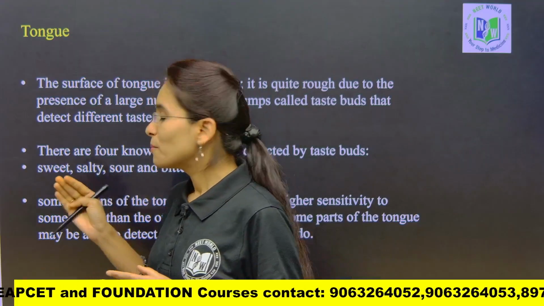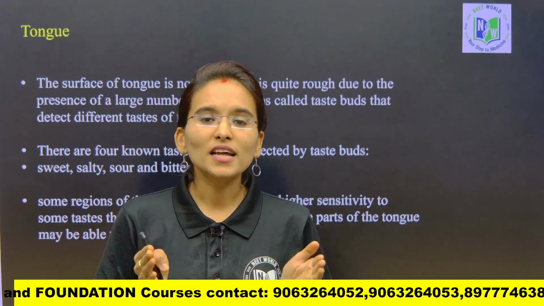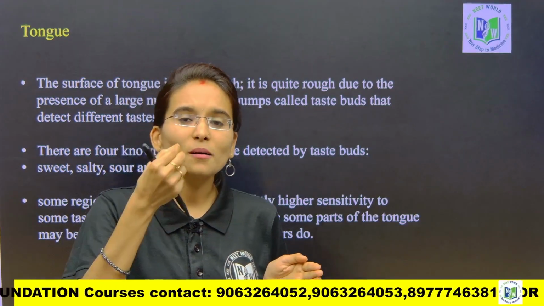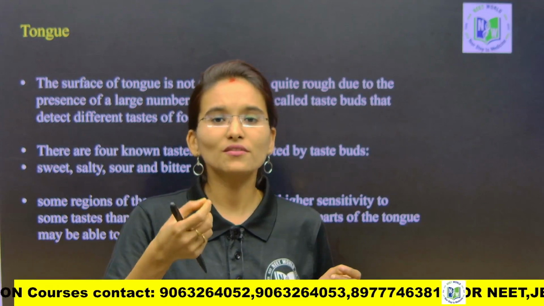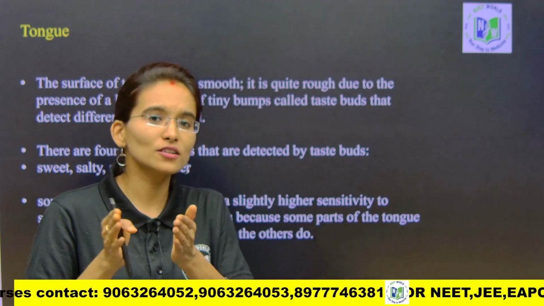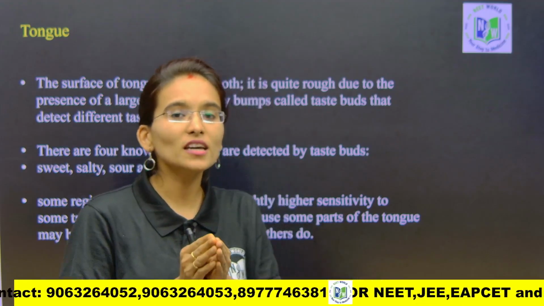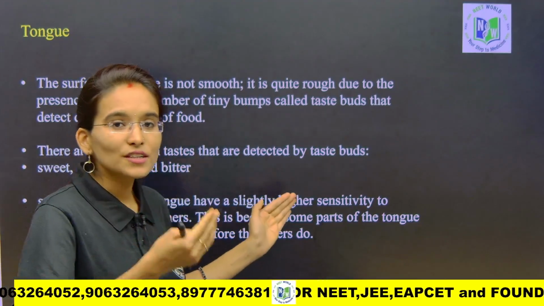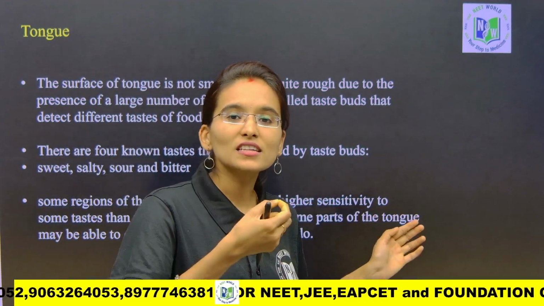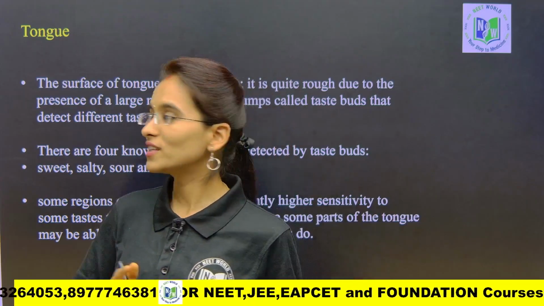But in some situations only some taste buds are very highly sensitive to particular types of food, because they are very active and sense very fast when compared to the other taste buds.